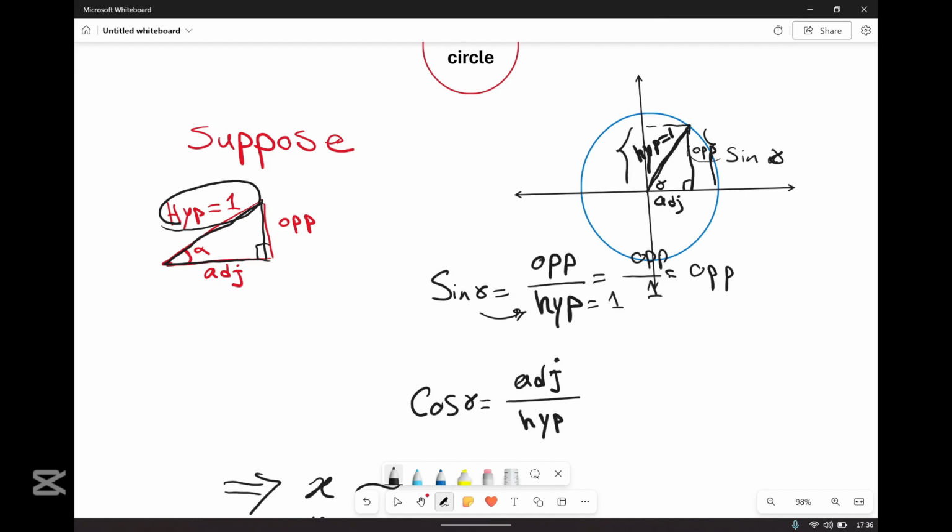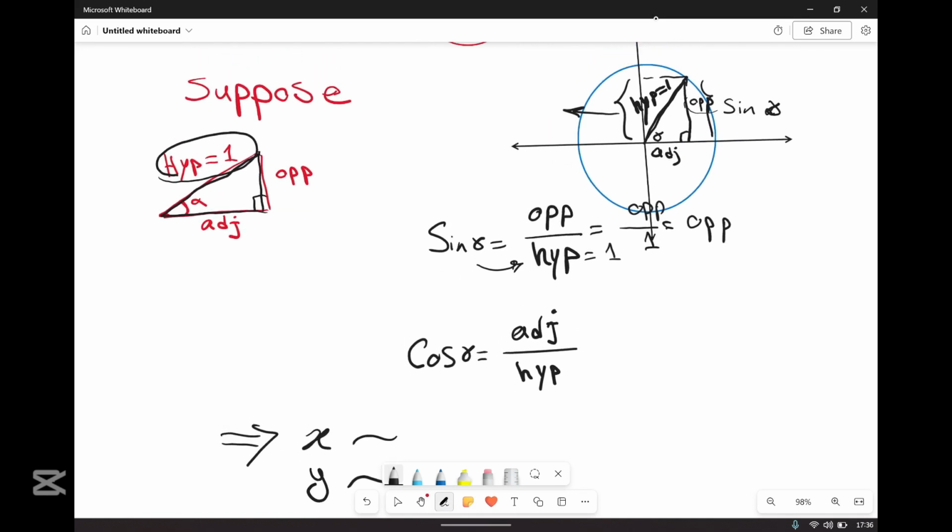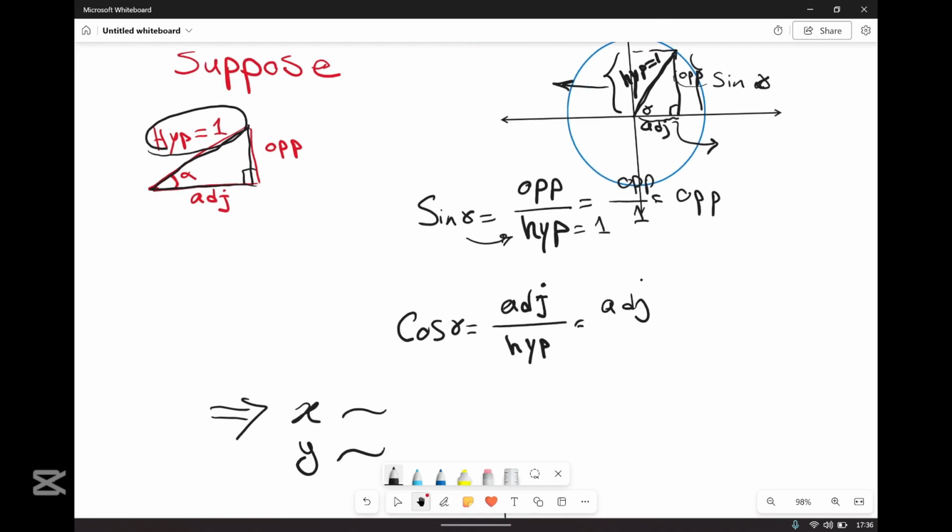But cosine of gamma is adjacent divided by hypotenuse, and the adjacent is exactly this part, because the hypotenuse is 1.